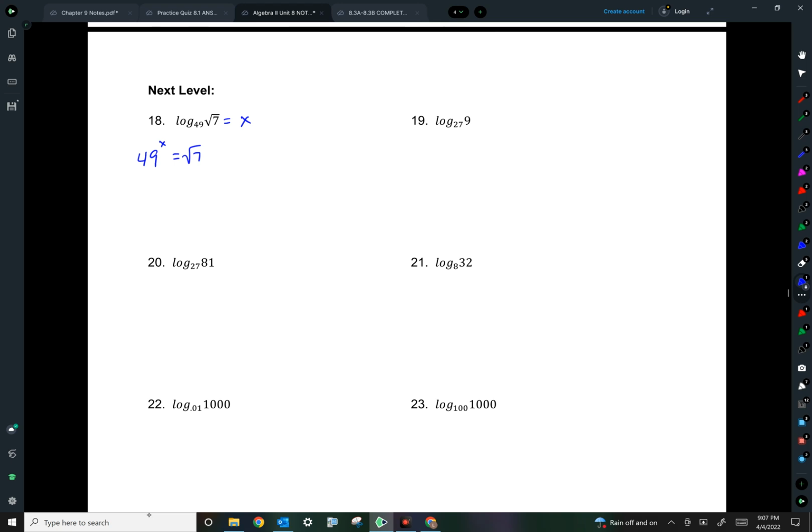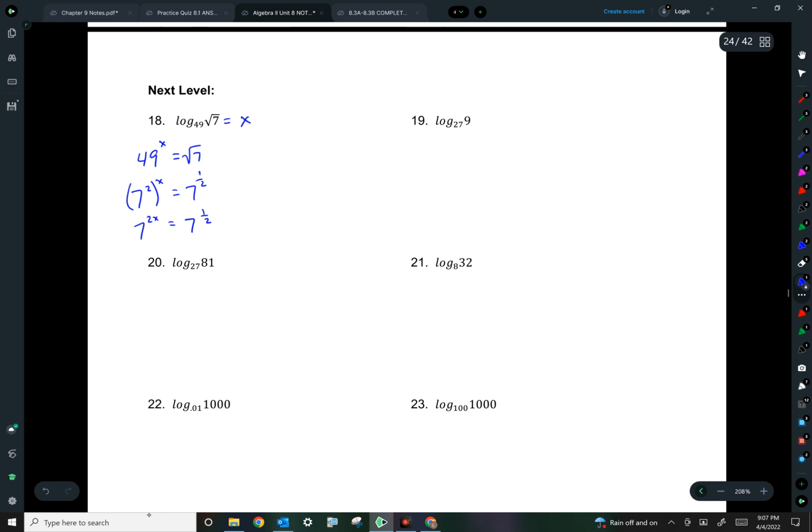Isn't 49 actually 7 squared? Okay, so really I have 49 to the x, and on this side I actually have 7 to the 1/2, right? Okay, so when you raise a power to a power, don't you multiply? So really I have 7 to the 2x equals 7 to the 1/2.